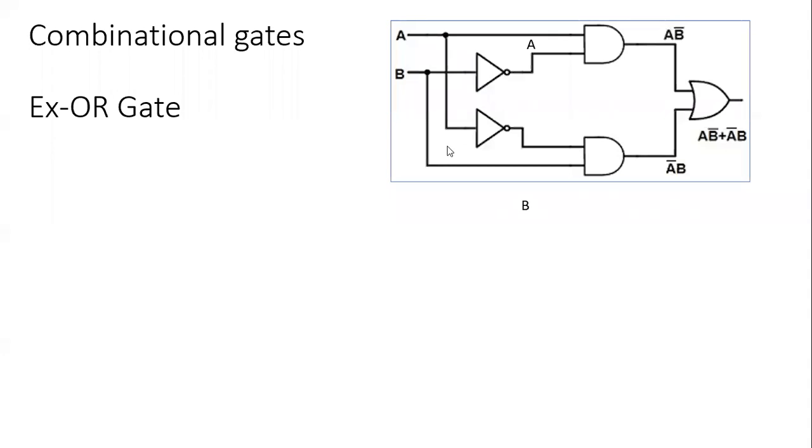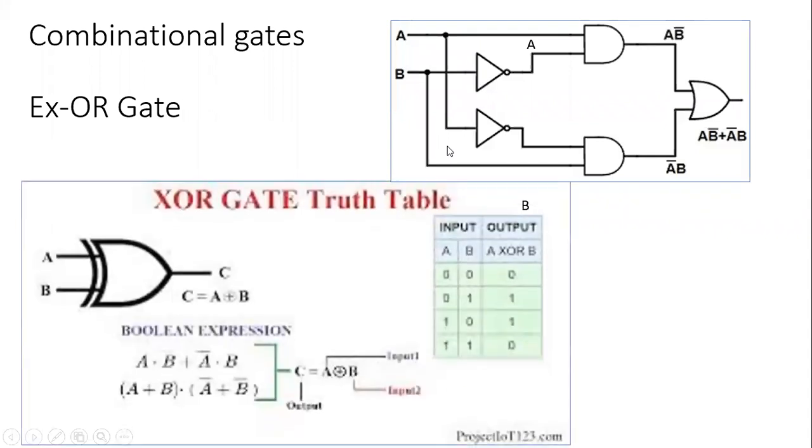And in XOR gate, basically, the truth table is that when either of the inputs is there, you get the output. But when both the inputs are the same, be it 0, 0 or 1, 1, you will not get the output.